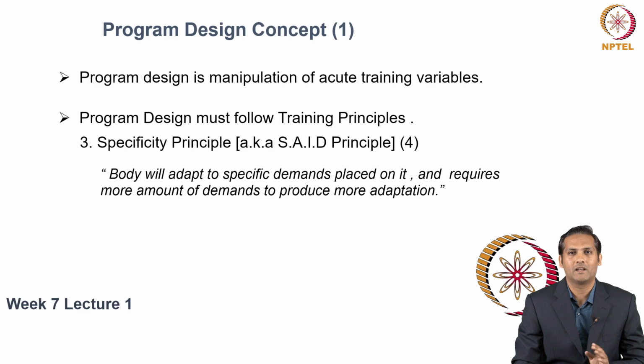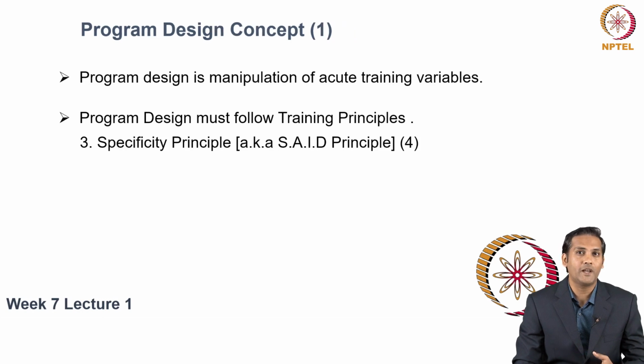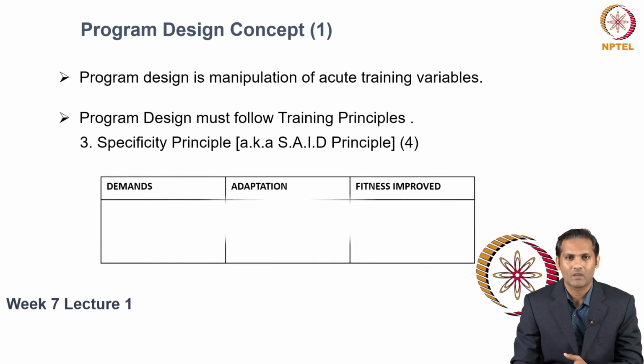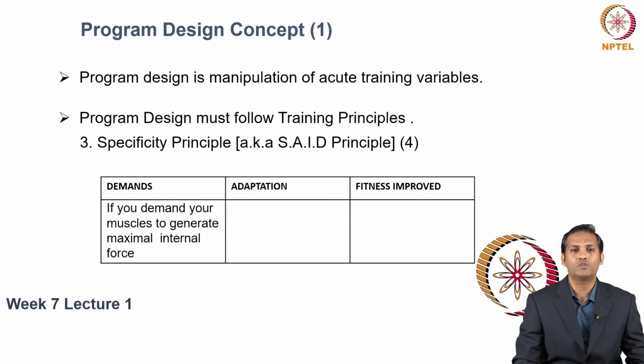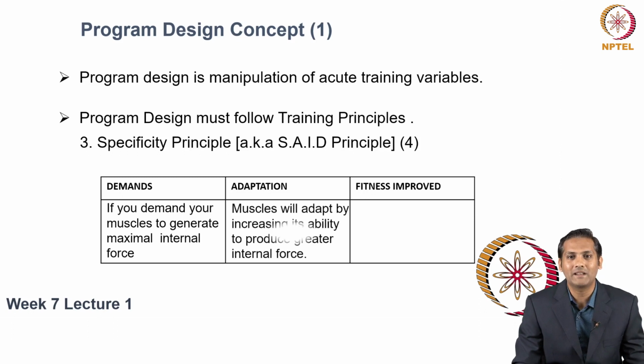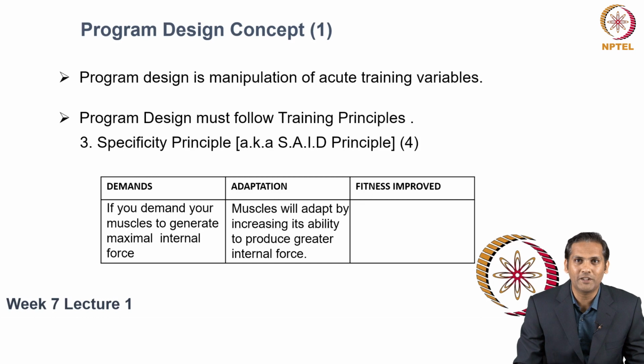To understand this sentence, let's relate to individual fitness variables. If you demand your muscles to generate a maximal internal force, the body will adapt by increasing its ability to produce greater internal force. And your ability to produce greater internal force against a specific weight is nothing but your muscular strength fitness.